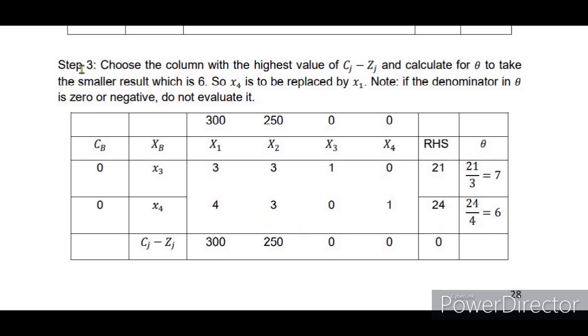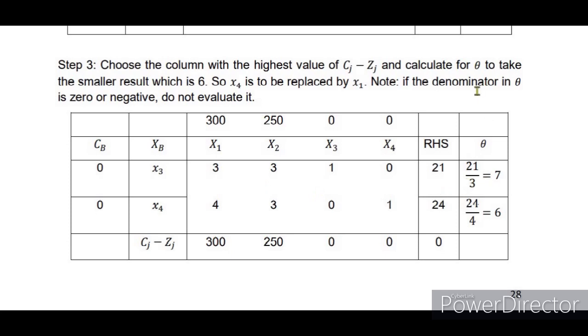So we just divide the value of the right hand side by the value corresponding to the column belonging to 300, because it is the highest value of Cj minus Zj. Okay, so 24 divided by 4 is equal to 6. While on the other hand, 21 will be divided by 3, because 3 is the value belonging to the column of 300. So it is equal to 7.